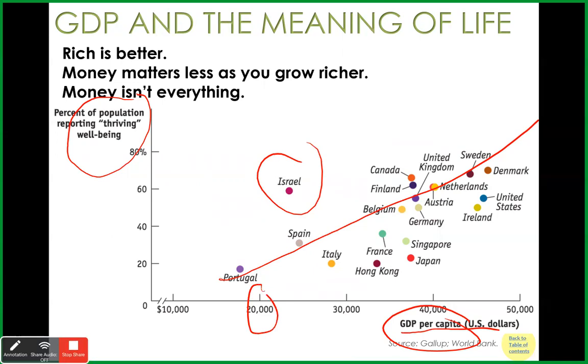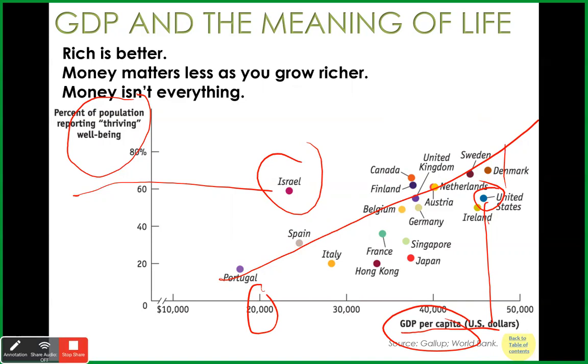If you remember the introduction, in the world we have a few billion people living under $2 per day, meaning their real GDP per capita per year is probably like 500 or 600. But anyway, Israel is very low on income, but this number is very high. On the other hand, the United States, we are here, a very high number here, but we are below this line.